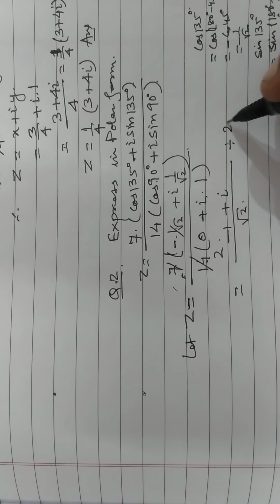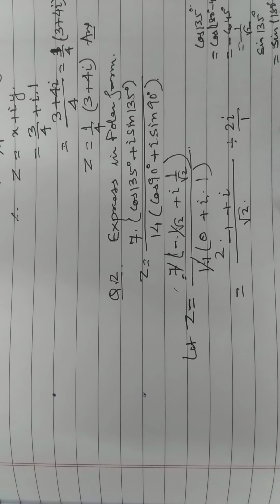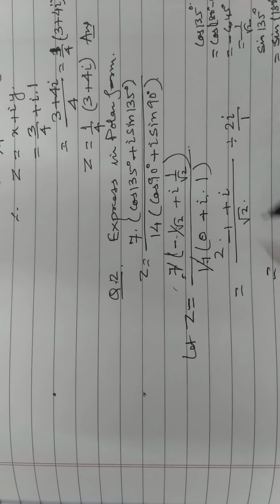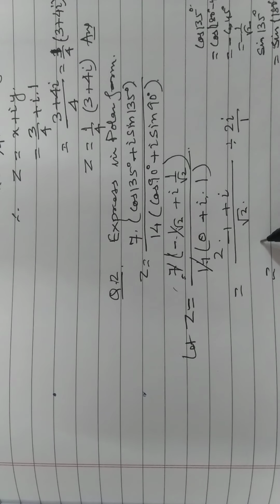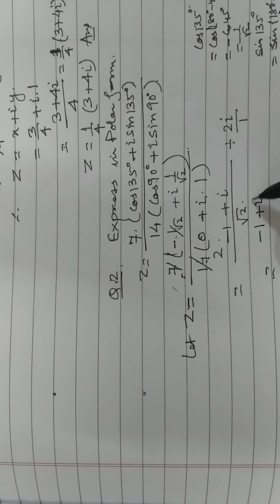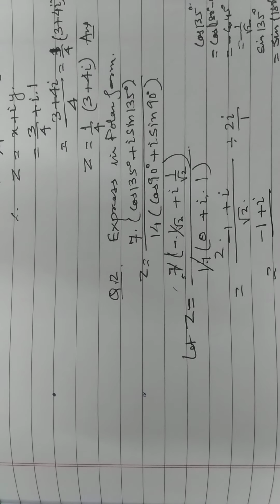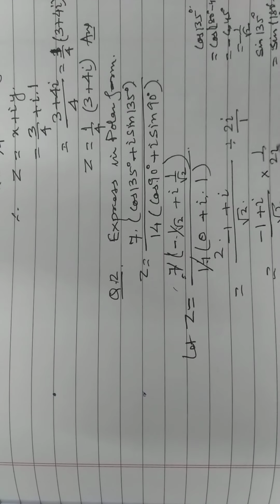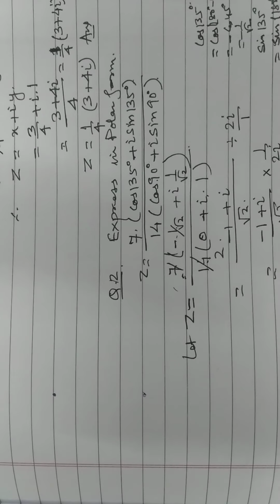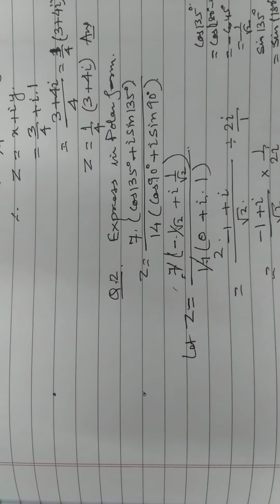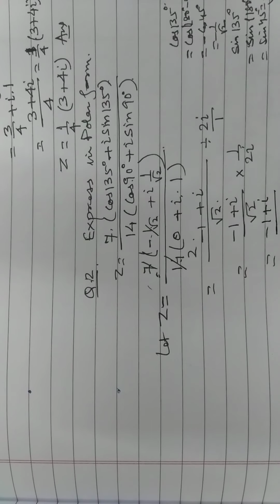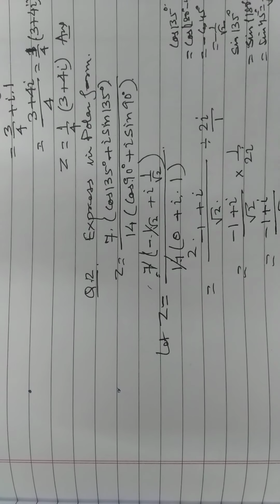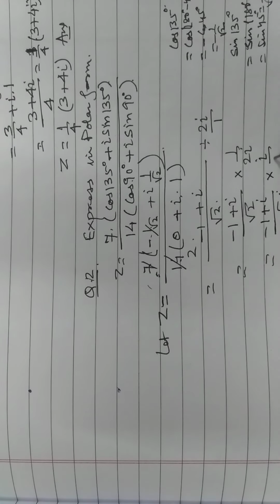We can write this as minus 1 plus i upon root 2 into 1 by 2i. So this is equal to minus 1 plus i upon 2 root 2 i. So we will rationalize the denominator.